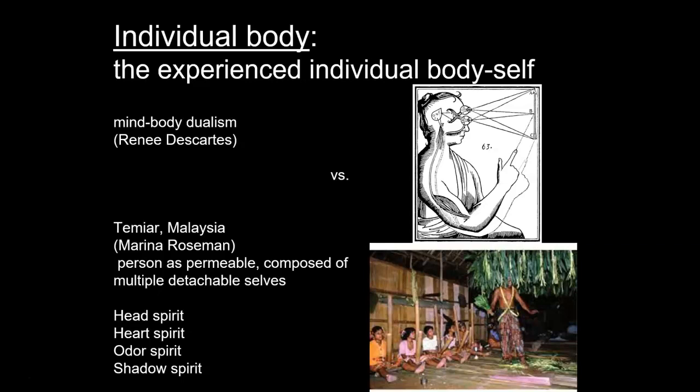So again, as anthropologists, we want to think about how these things are done and understood and conceptualized in a variety of cultural contexts. So the individual body refers to the experienced individual body self.